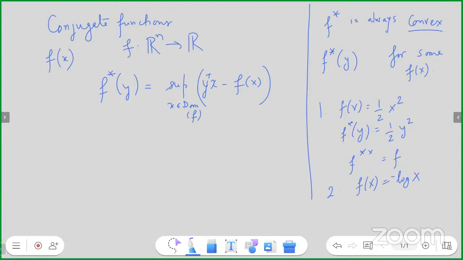So let's first try to compute what is f star of y. This will be minus of log of y minus 1, for what domain?